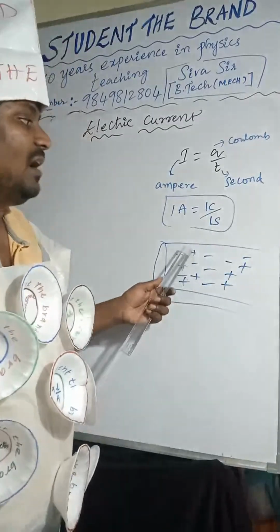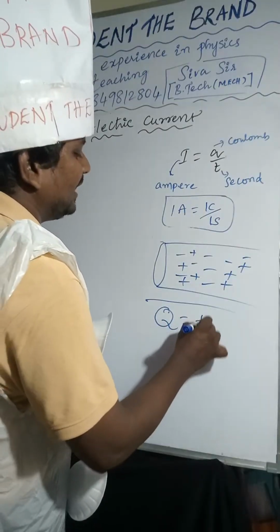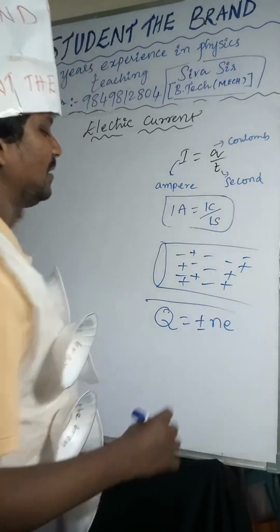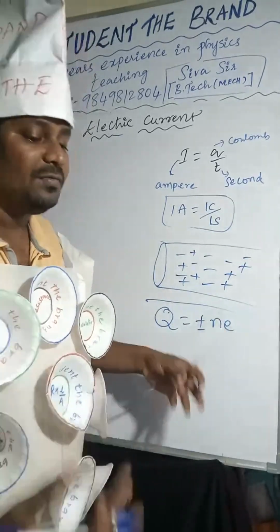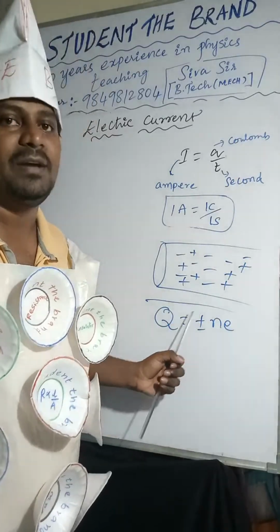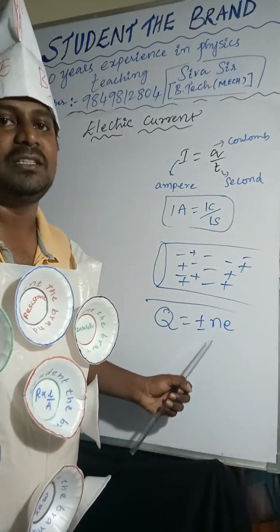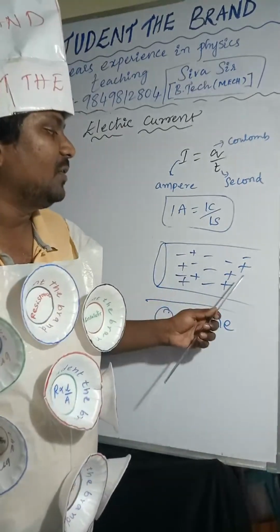So whatever charge is flowing inside the conductor is an integral multiple of the elementary charge, and that is nothing but either positive or negative. Sir, why are you taking plus or minus? Here I said positive charges will be there, negative charges will be there.